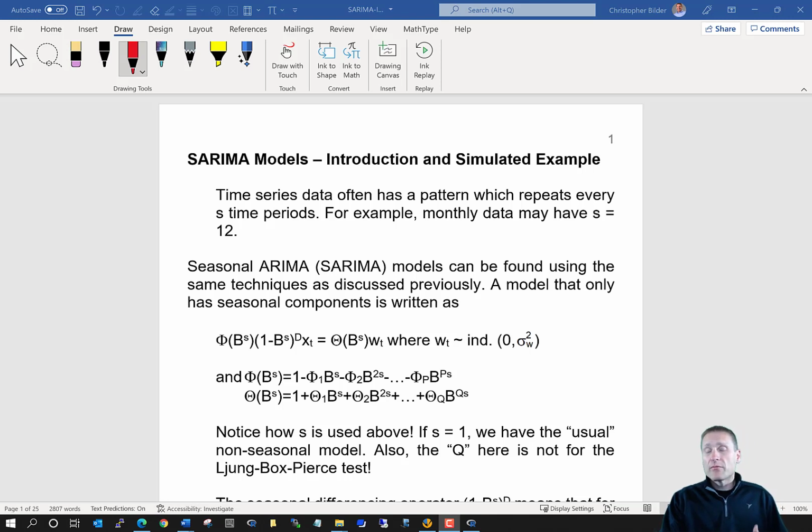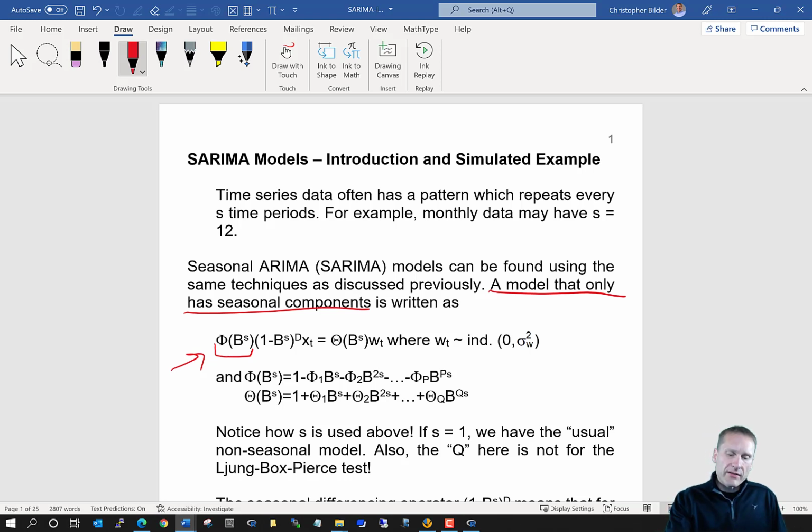They're structured in much the same way as regular old ARIMA models. So a model that only includes seasonal components looks as follows. We have this AR operator. Rather than using a lowercase phi, now I'm going to use an uppercase Phi to differentiate it from when we had a non-seasonal model.